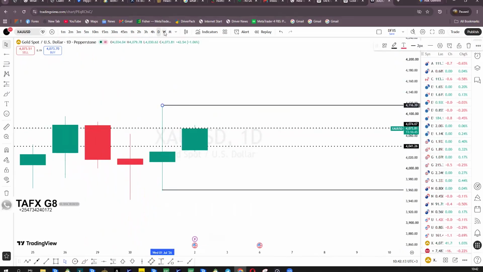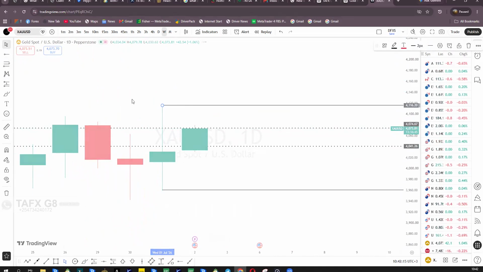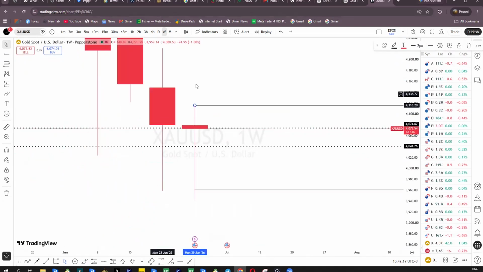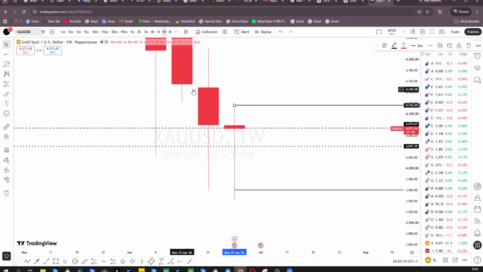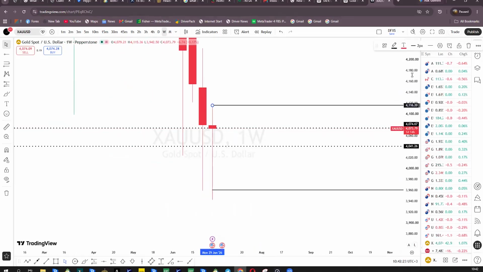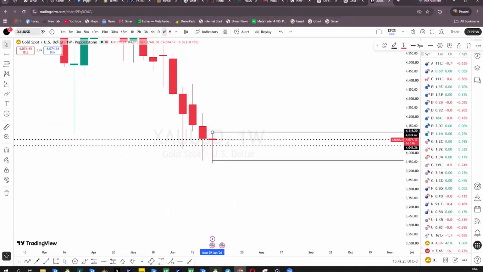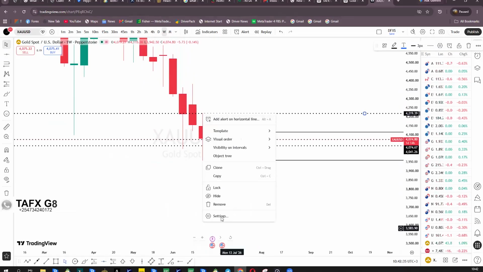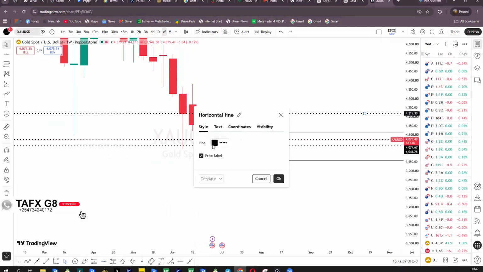So allow me to draw again a weekly. All right, let's go to a weekly time frame. Also get the high and low, or open and close, so that I can conclude and make things easier and understandable. So this one, we can change the color.